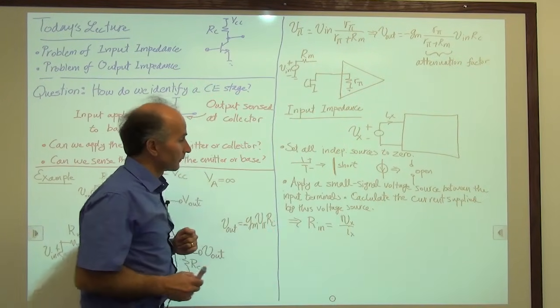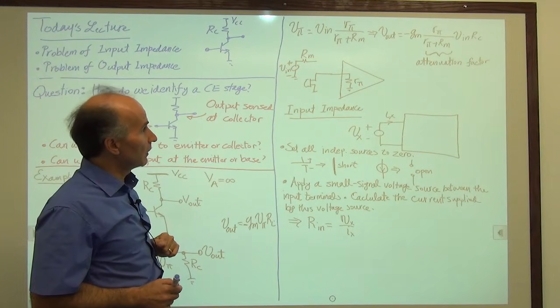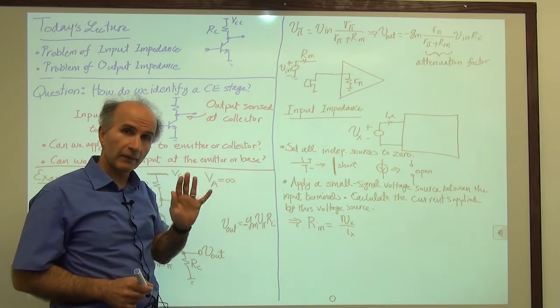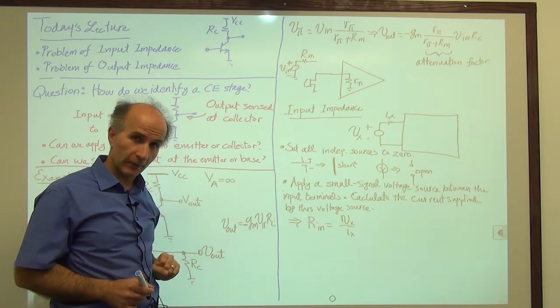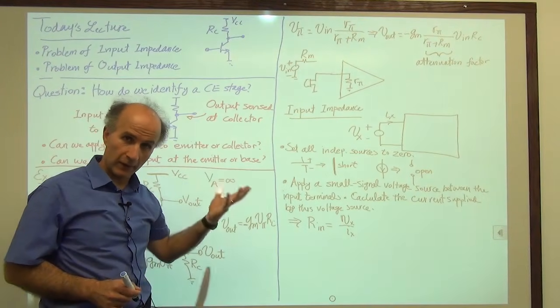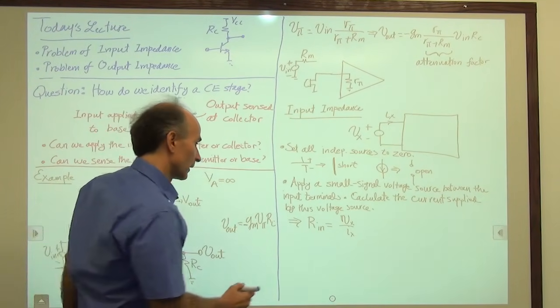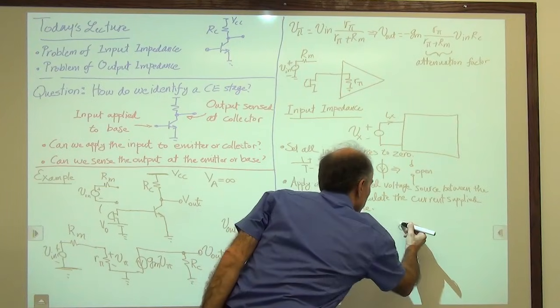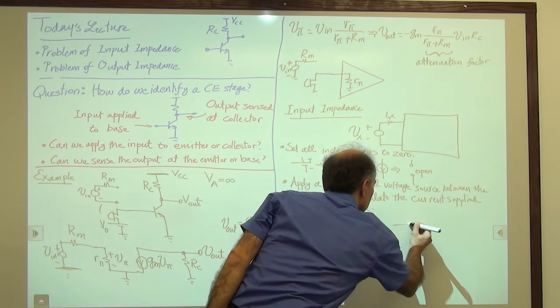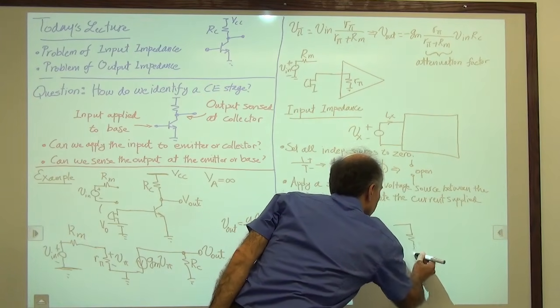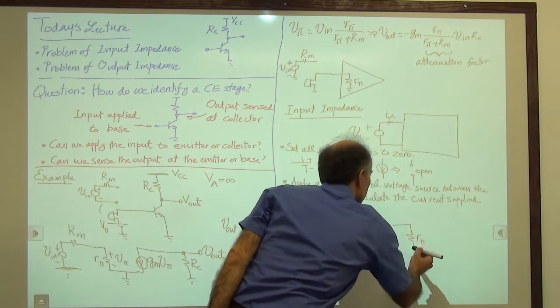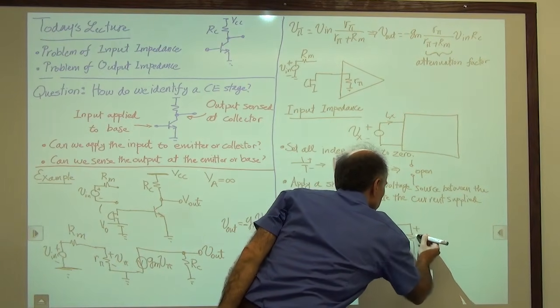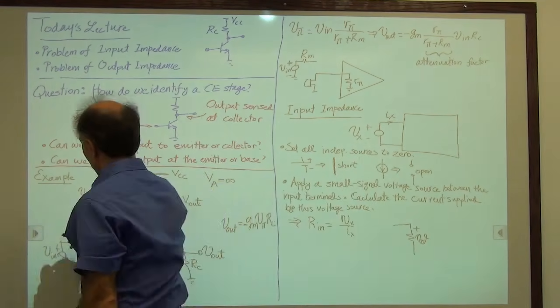Okay, so let's officially calculate the input impedance of the common emitter stage to make sure it is what we think it is. All right, so for the common emitter stage, here's what we have. We draw it again.